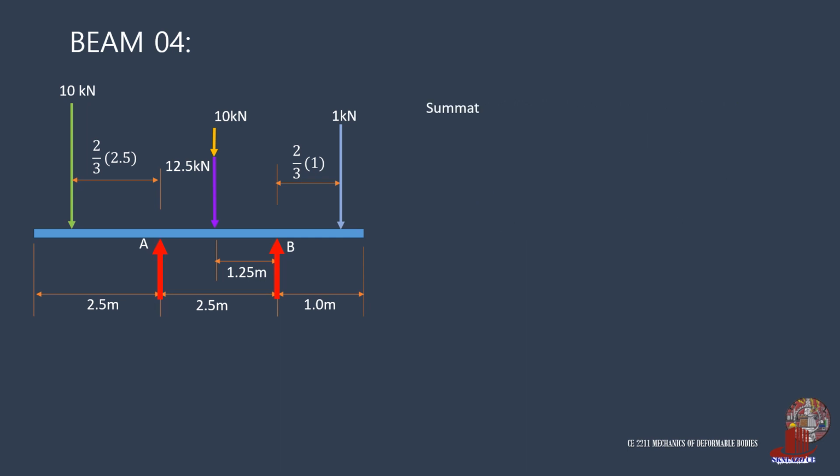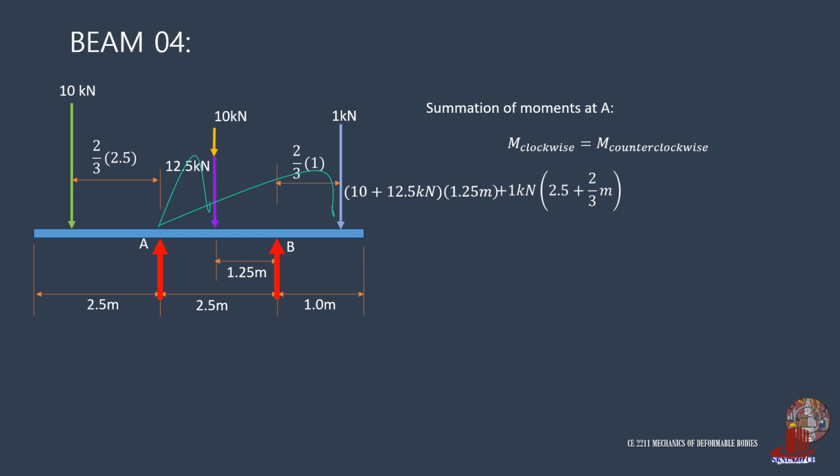Take the summation of moments about point A to look for the reaction at B. The clockwise moments are the external load 10 with the converted load 12.5 multiplied by the moment arm of 1.25 meters. Add 1 kilonewton with distance of 2.5 plus 2/3 of a meter.